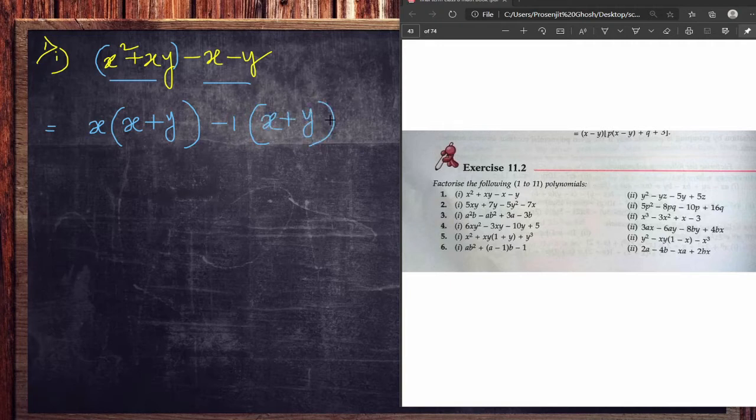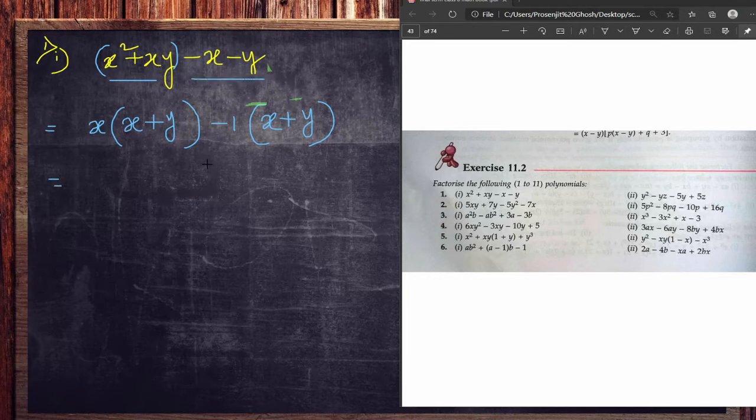Those who didn't understand this step, just multiply minus 1 with x, then with y, and you will understand that this part will come again. That is how I am taking minus 1 as the common factor from the second group. I hope the idea will be clear to you.